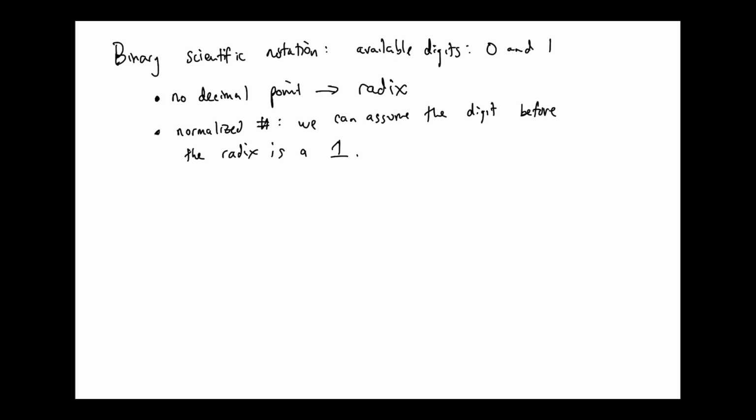Because we said whatever happens before the decimal point cannot be a 0, and that in binary leaves only one choice. It's got to be a 1, okay?